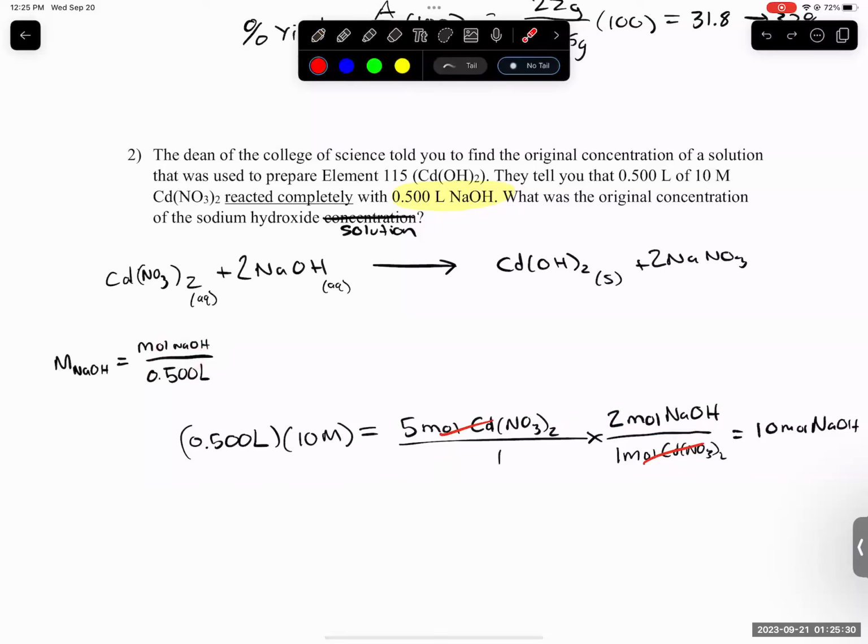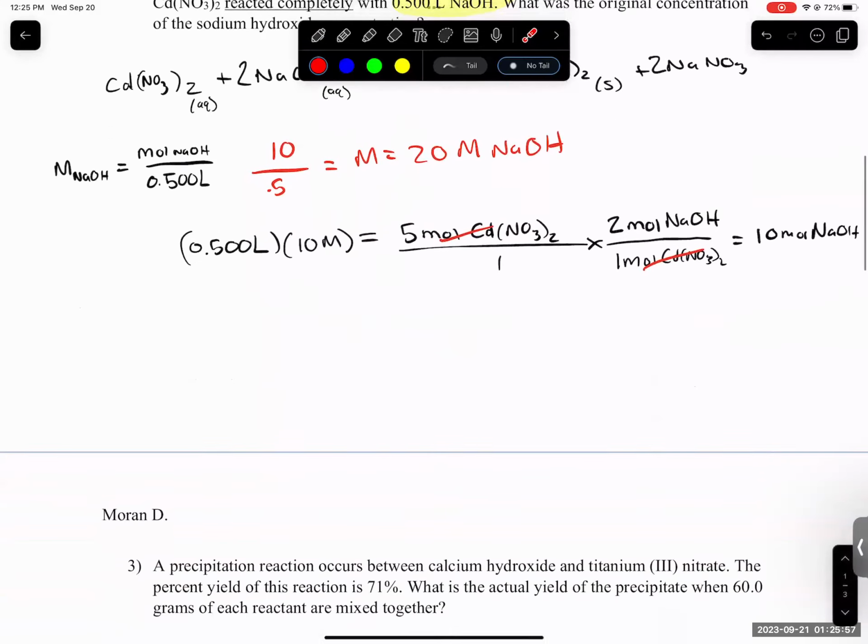Plug that into this equation over here, so you get 10 over 1/2, which is 10 divided by 0.5, which is just 20. So molarity equals 20 molar sodium hydroxide, which is pretty concentrated. You definitely wouldn't want to go near that solution. All right, that was an easy one.